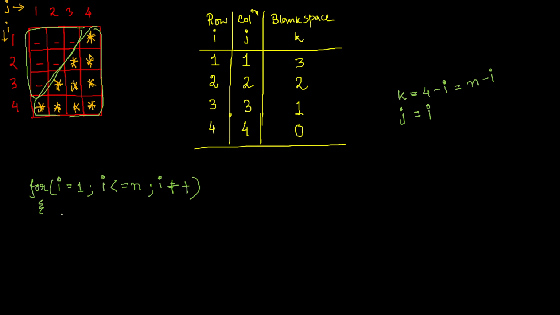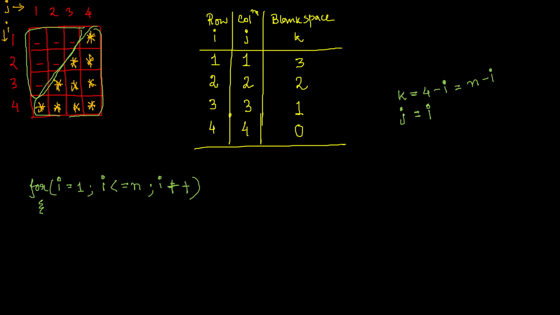Now within this I, since J and K are not related with each other, it's not something like J is the outer loop and K is the inner loop, or K is the outer loop and J is the inner loop. This is not going to happen because there is no relation between J and K. I will have an individual loop for J and an individual loop for K.